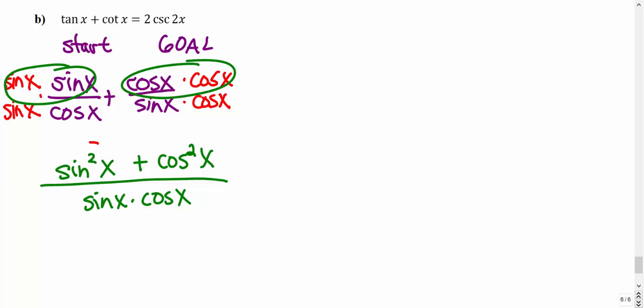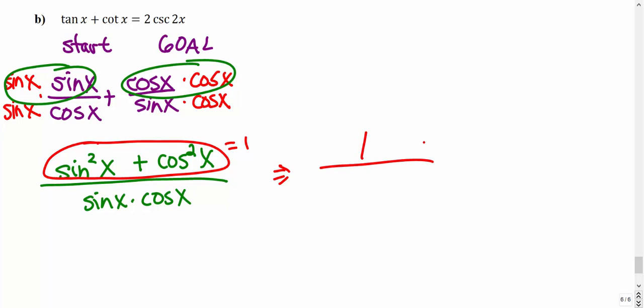We see on the top that we have a Pythagorean identity. We know that this is equal to 1. So now we have 1 divided by sine x times cosine x. Our goal looks a little strange. We notice that it has a double angle and also a 2 on the outside.